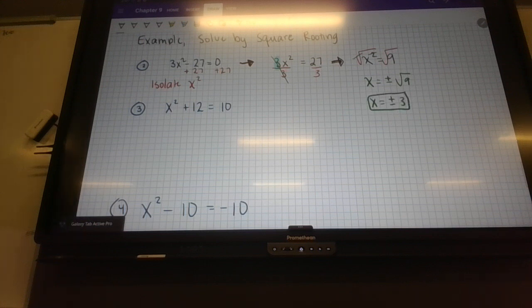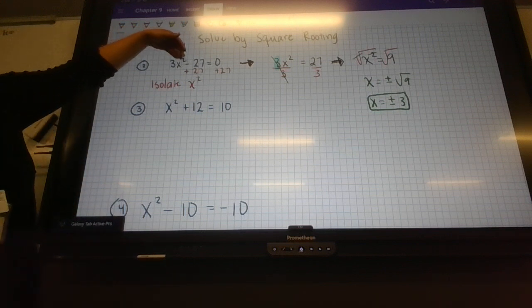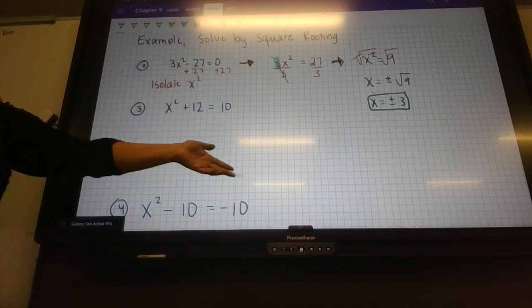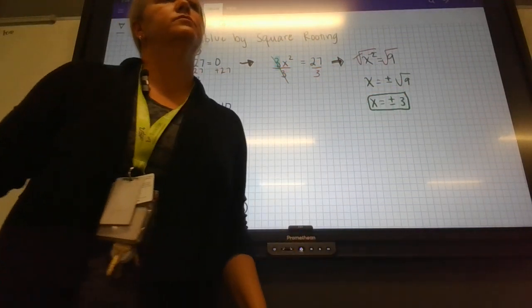So that's an example of a long equation that ends up with those same answers, positive and negative 3. But you already did this before when there wasn't a power of 2, add 27, divide by 3, you know? So just do that part and then square root.